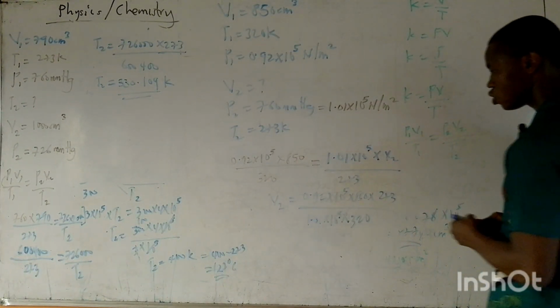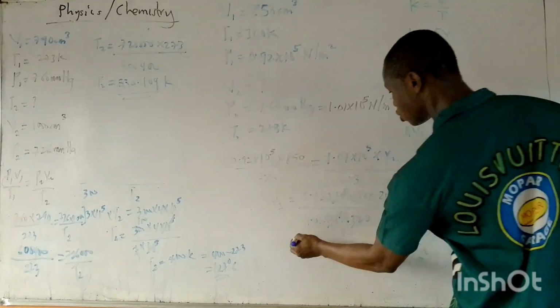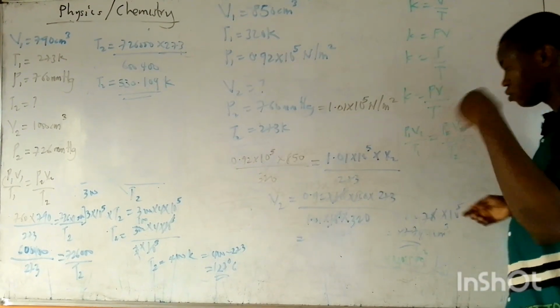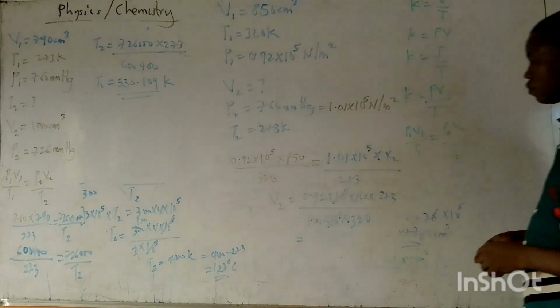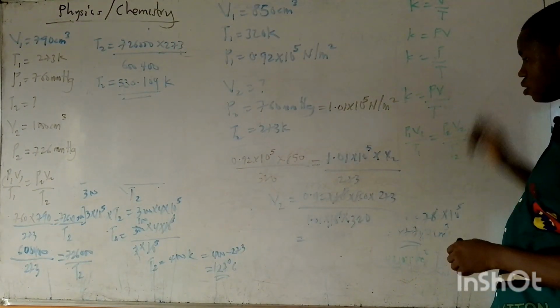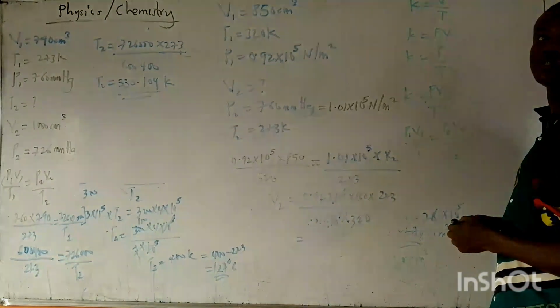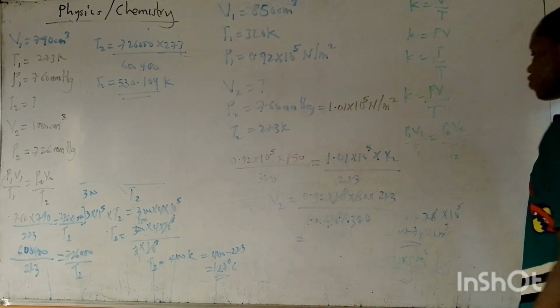So 10 raised to the power 5 cancels 10 raised to the power 5, right? So we now have what? Do everything. Check. 0.92 times 850 times 273.